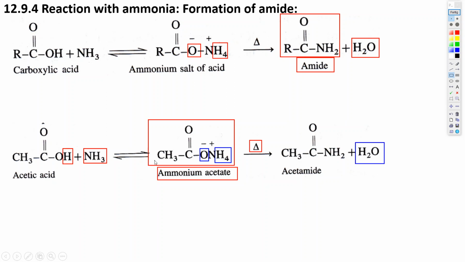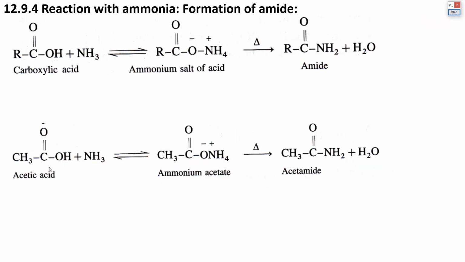And now what is the remaining part? The remaining part is CH3 C double bond O NH2. So CH3 C double bond O NH2, we call it what? This is acetamide. Now the question will be like this: convert acetic acid into acetamide, or how will you prepare acetamide from acetic acid, or what happens when acetic acid is treated with or reacts with ammonia.